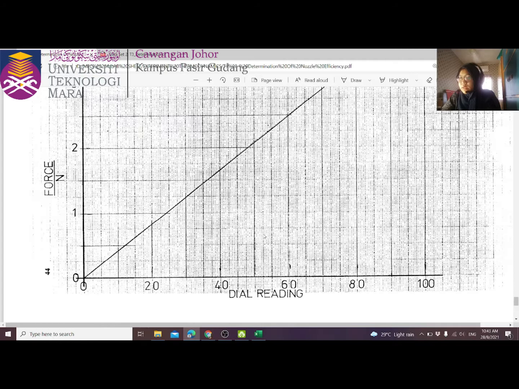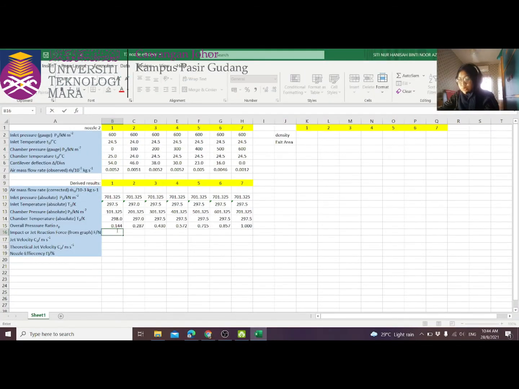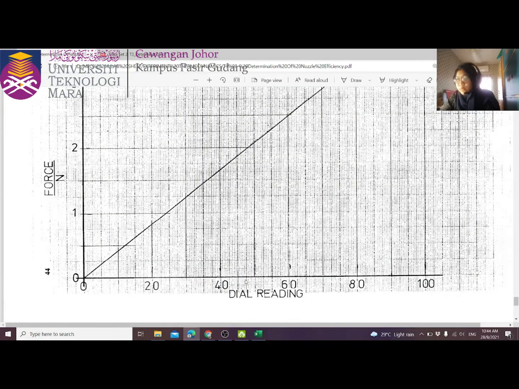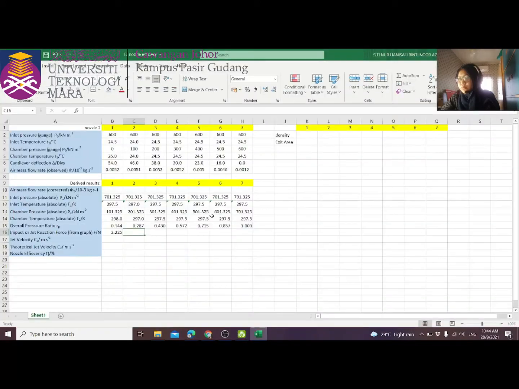So line up straight, and here should be 2.225. Next is 46. 46 is around here, so go up straight, and it is around 1.9.